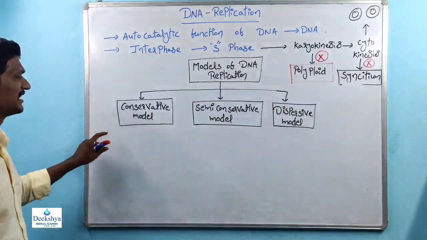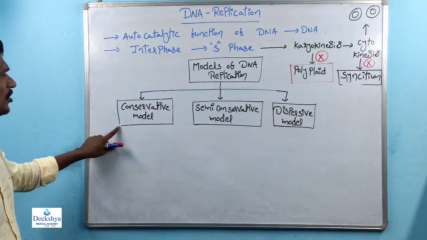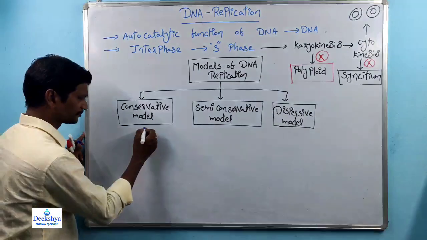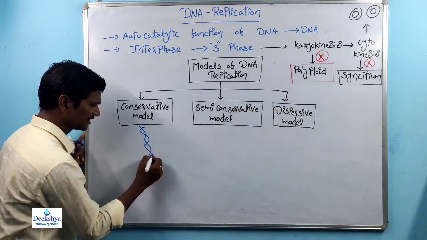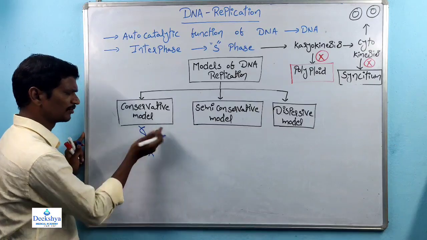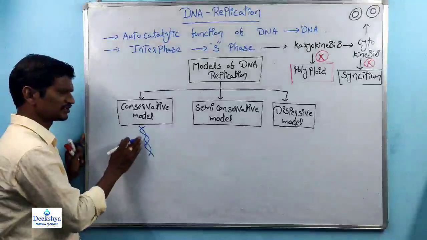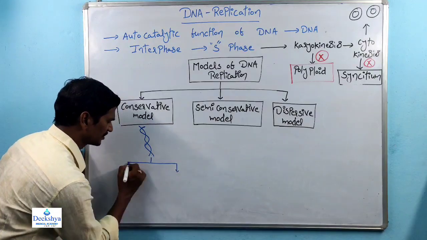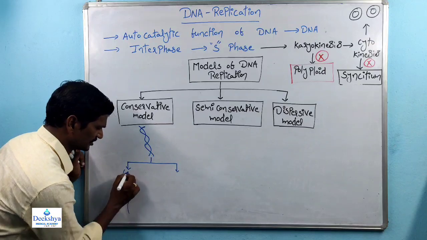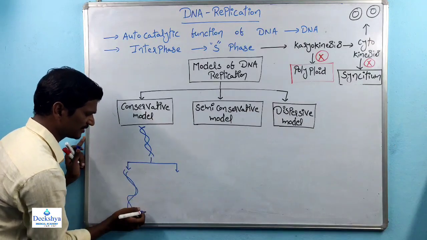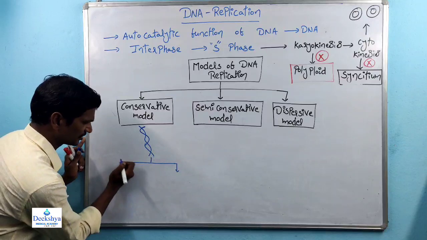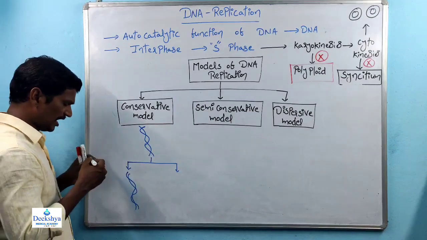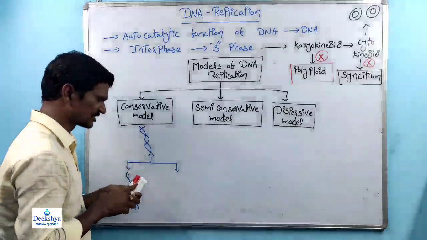The very first one is called the conservative model. For suppose this is one DNA, a double helical structure, no doubt about it. After the DNA replication process, this is the parental DNA and this is the newly synthesized DNA.